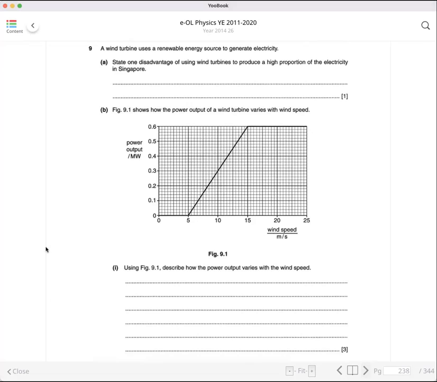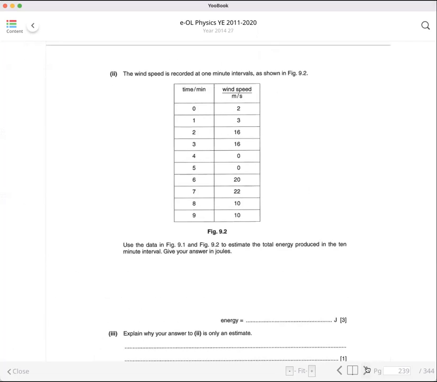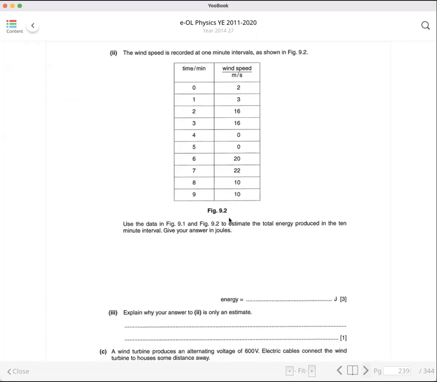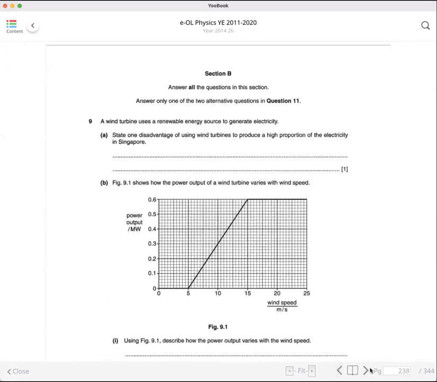Okay, Bei Guan, you need me to go through this question? Okay, I'll go on to the next one. So the wind speed is recorded like this. And then, this one needs two pictures to do the question.